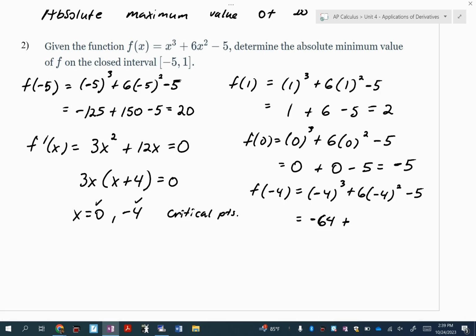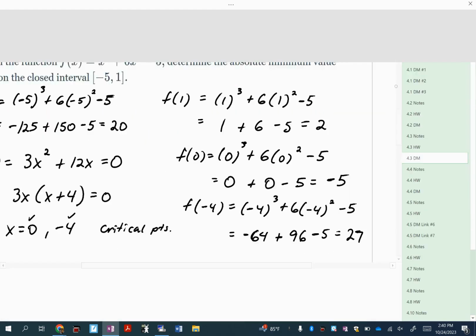It's 96, right? Then minus 5. All right, so -64 plus 96 is 32. 32 minus 5 is 27.